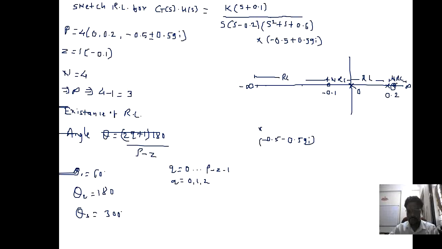From this point we will draw different angles like 60, 180 and 300. It is not necessary that our sigma, the location of the asymptotes, should lie in the root locus region. Sometimes it may be in a non-root locus region, because sigma may or may not be part of the root locus.